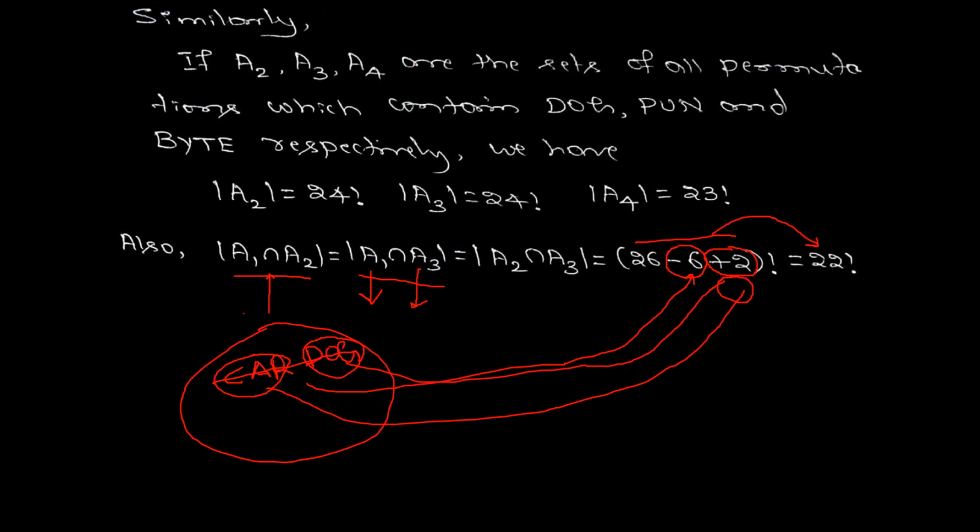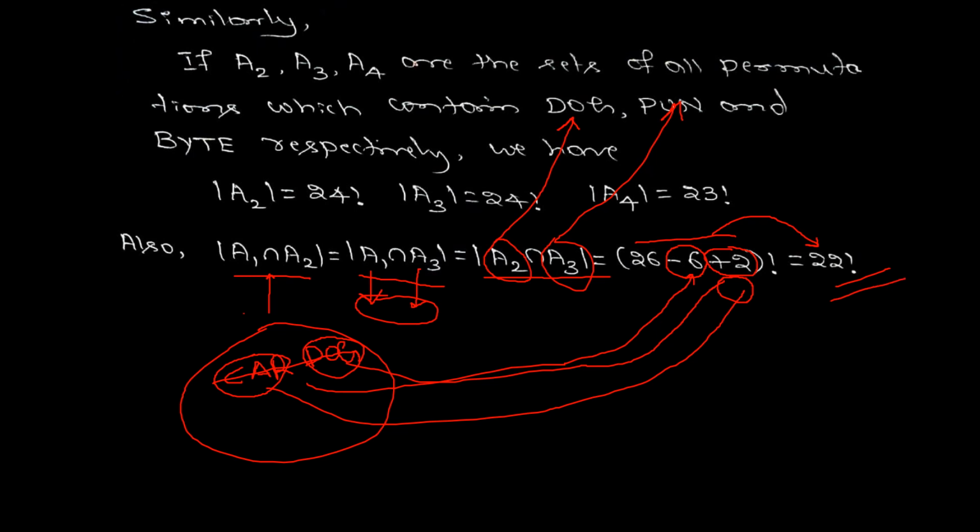The same thing happens: we remove 6 and we add 2. The same thing will be repeated here as well, because A2 is the set of all permutations which contains DOG, and A3 is the set of all permutations which contains PUN. So we remove 6 and add 2, which gives the same answer.